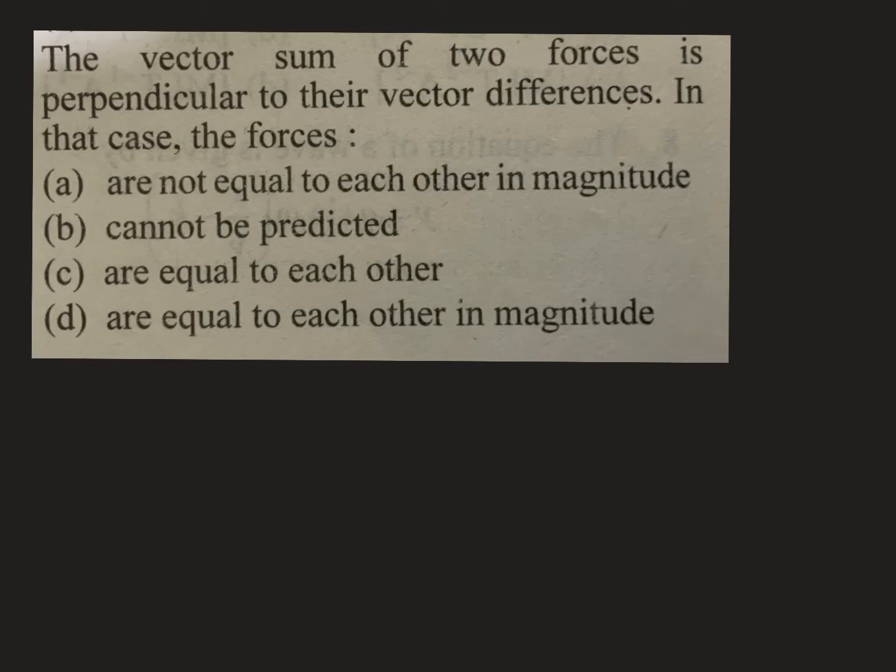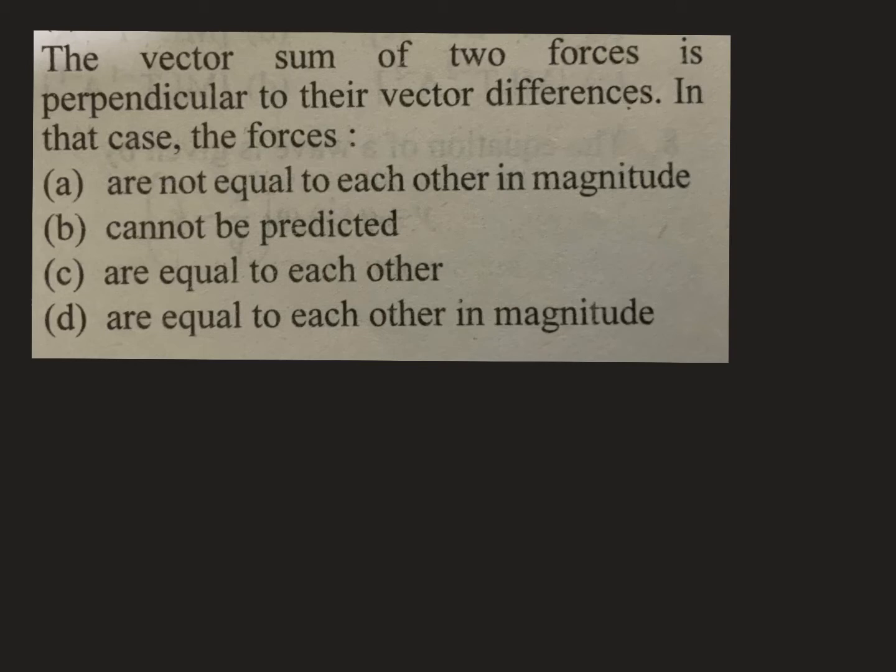Okay, next problem. The vector sum of two forces is perpendicular to their vector difference. In that case, there are some options: the forces are not equal to each other in magnitude, cannot be predicted, or are equal to each other in magnitude. Let us see.